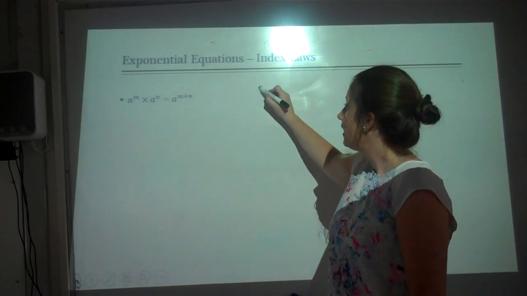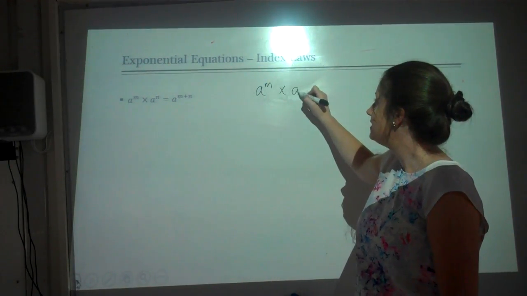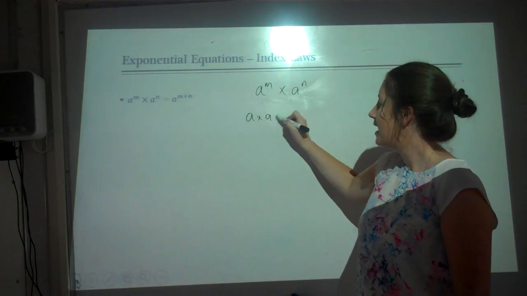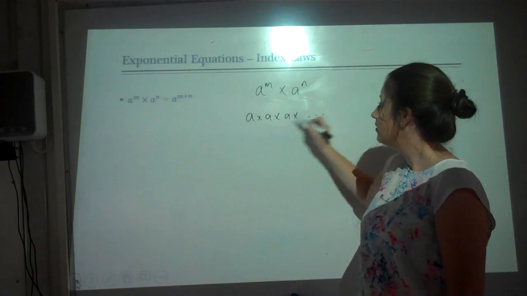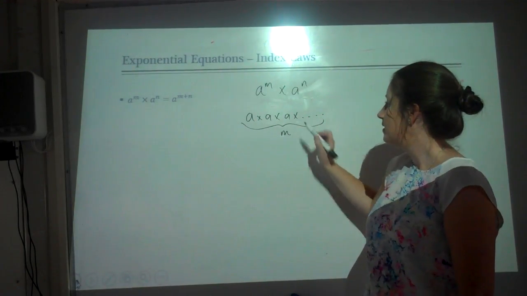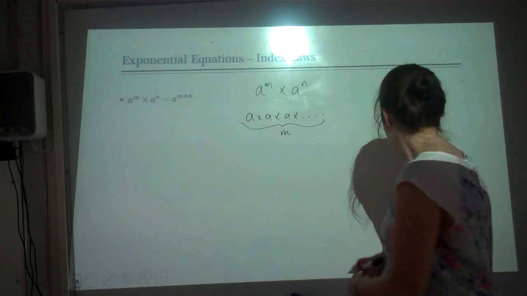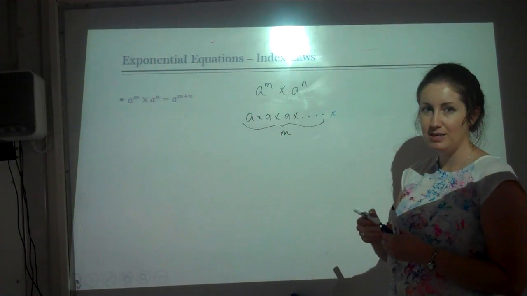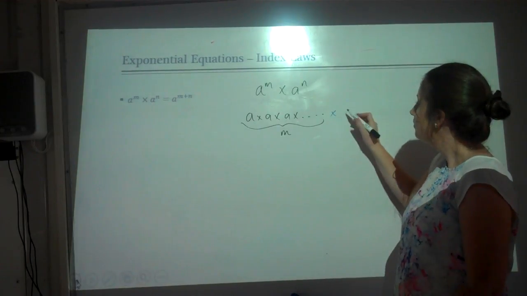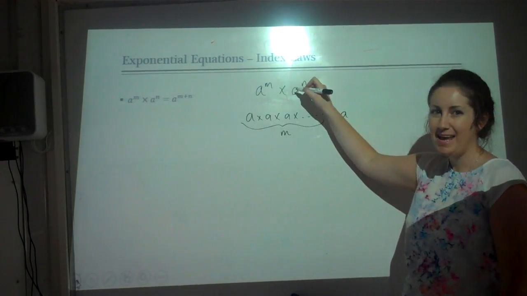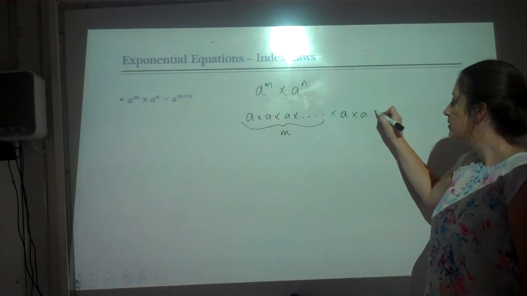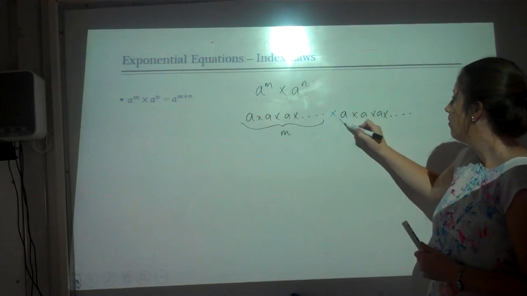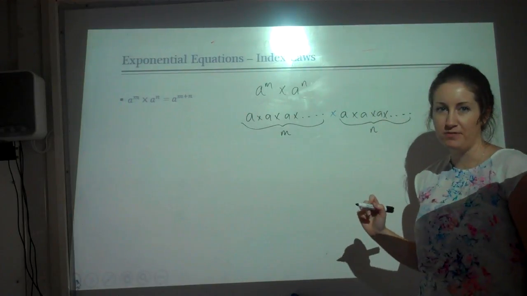So if I'm multiplying a to the power of m times a to the power of n, this means that I'm going to have a times a times a, and I'm going to write that m number of times. I then have the multiplication sign in the middle, multiplied by a to the power of n, which means that I have a multiplied by a multiplied by a, and this keeps going for n number of times.